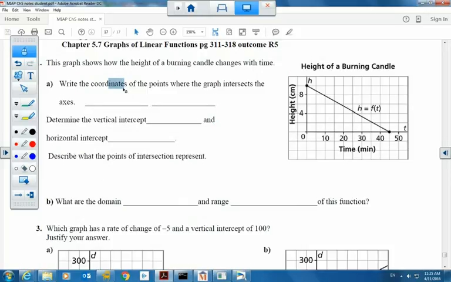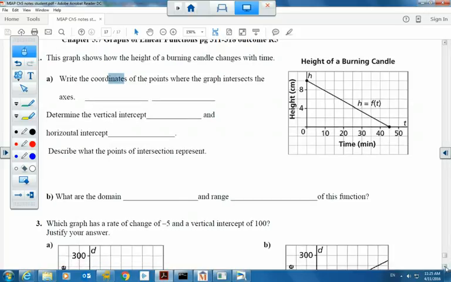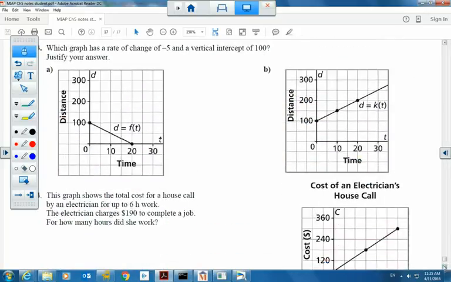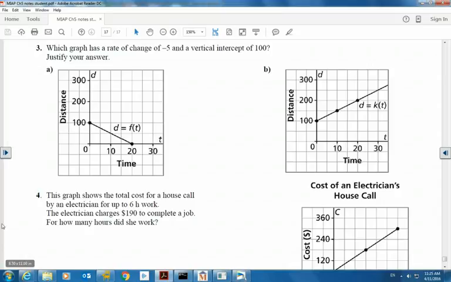All right, so now let's have a look at the question here where it says, which graph has a rate of change of -5 and a vertical intercept of 100? Okay. First of all, what do you notice about these two graphs?